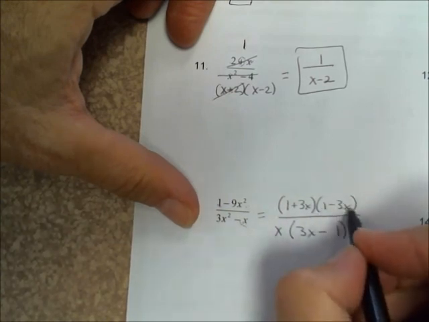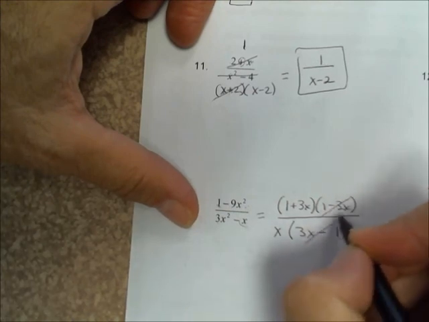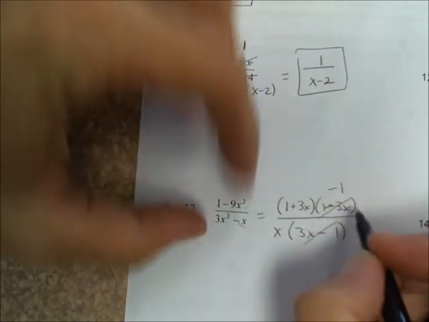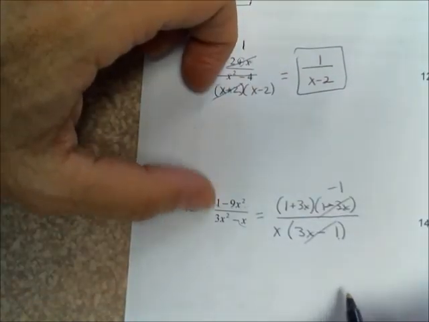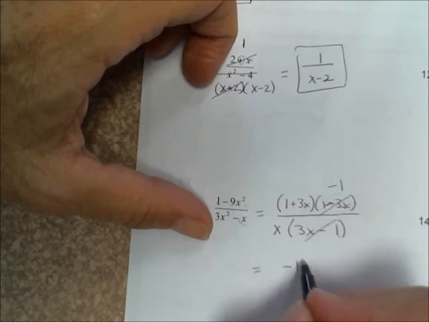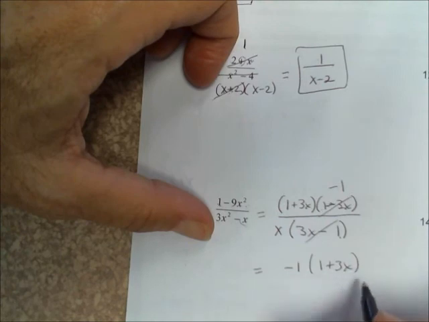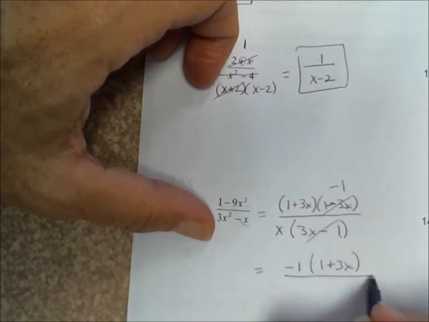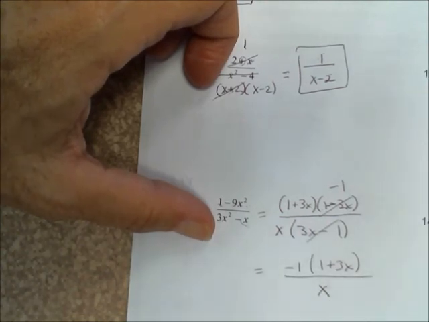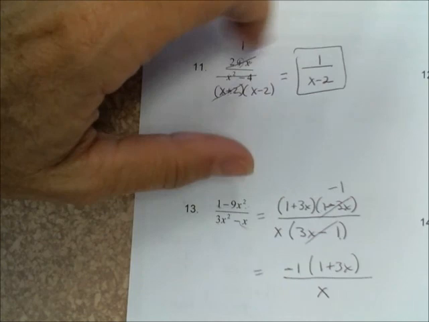And 1 minus 3x and 3x minus 1, they will cancel out to a -1 because they're subtraction in the opposite order. And that's all we can do with that one. So in the top we have -1 times 1 plus 3x, notice the parentheses, or if you wanted to negate everything you could, don't have to, and on the bottom we're just left with an x. This negative really could go on the top or on the bottom or out front, and it's all the same.